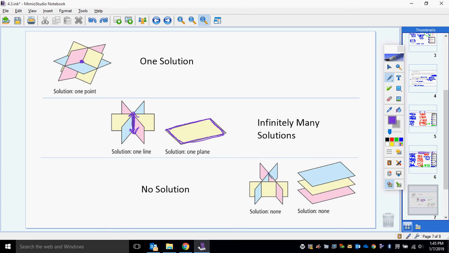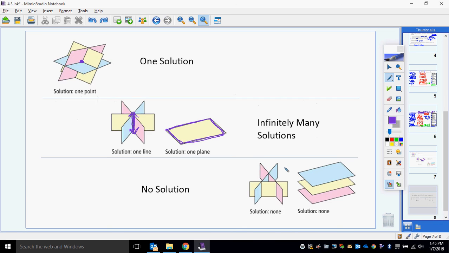And over here, right, the blue and the red intersect, but the yellow one doesn't. So all 3 aren't meeting, right? It's like there's this open area in the center here. It's hollow. So that would be no solution. The other thing it could be is these 3 planes are parallel. They're never going to intersect. Okay. So I just wanted to give you kind of a visual of what's actually going on in a system of equations with 3 variables. There are 3 different planes being intersected.